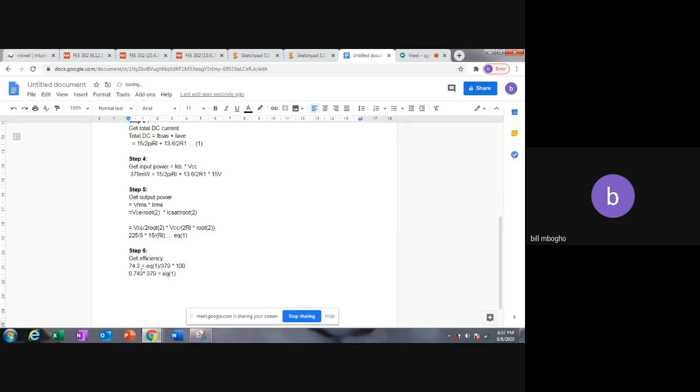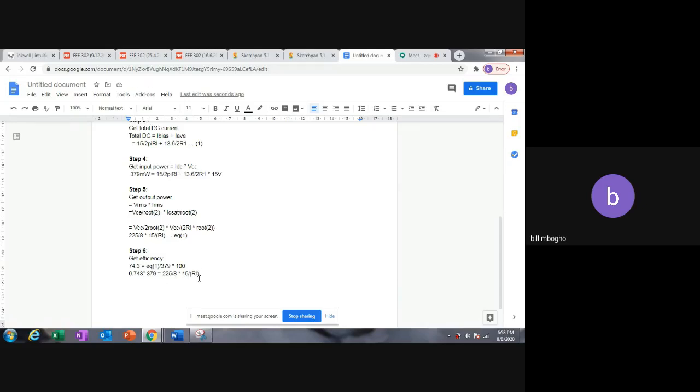I hope you can see what I've done. I've just taken this 100, it was times 100, so I've divided by 100, and then the 379 has come up here, is equal to equation 1. And what was equation 1 is this, is equal to this.